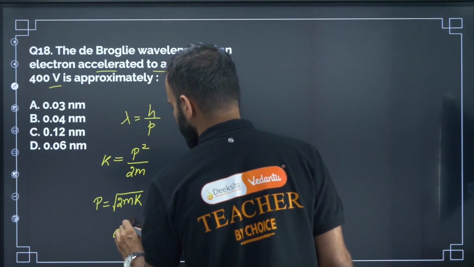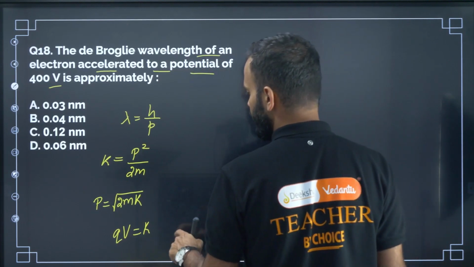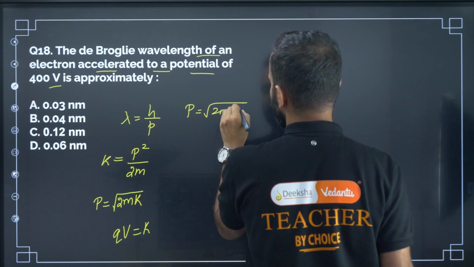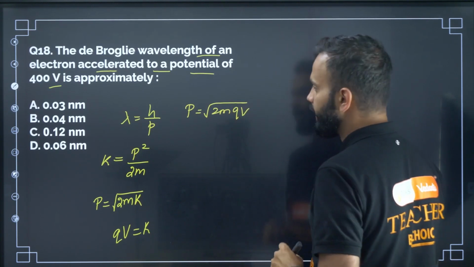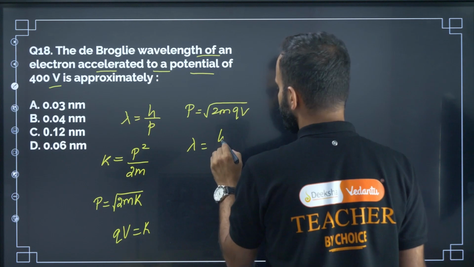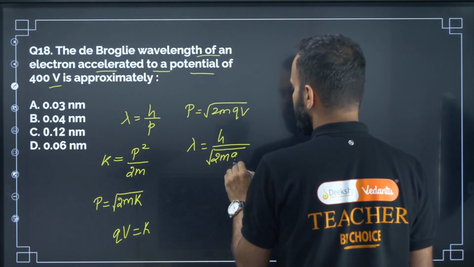The electrical potential energy is QV, which is equal to kinetic energy K, right? So now I can write momentum P equal to root of 2m into Q into V, right? Now here lambda is equal to h divided by root of 2m into Q into V.